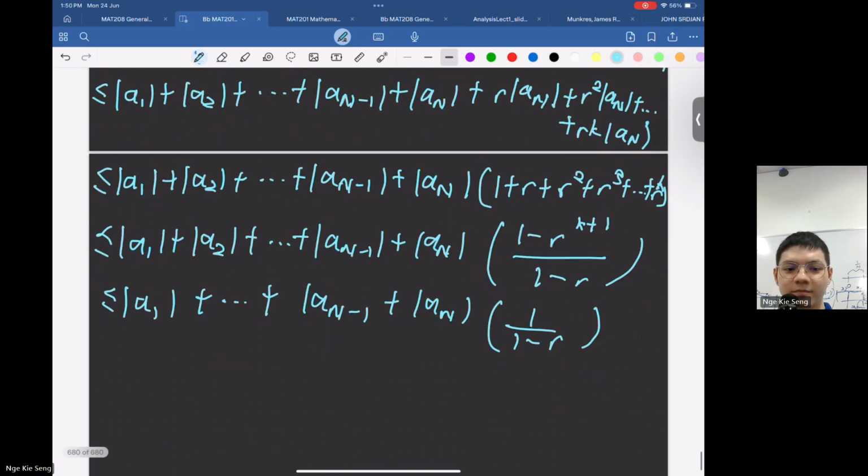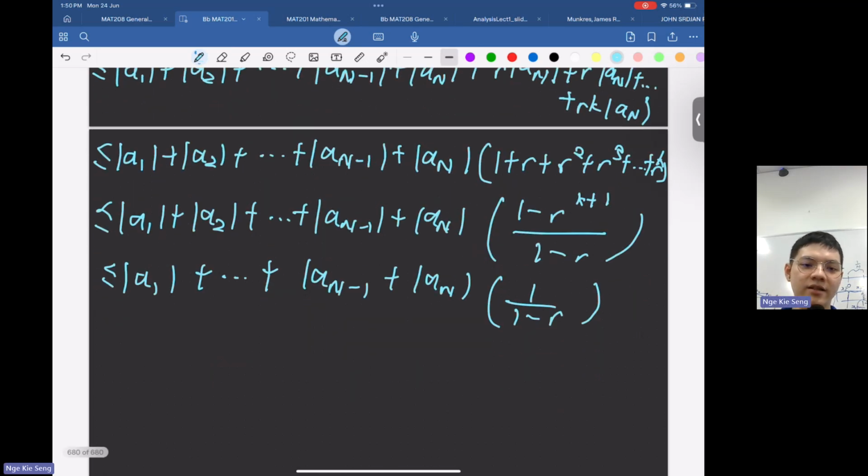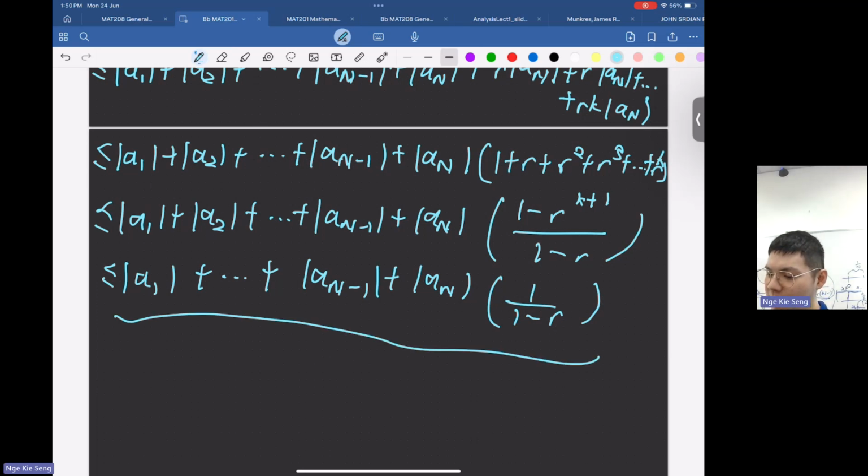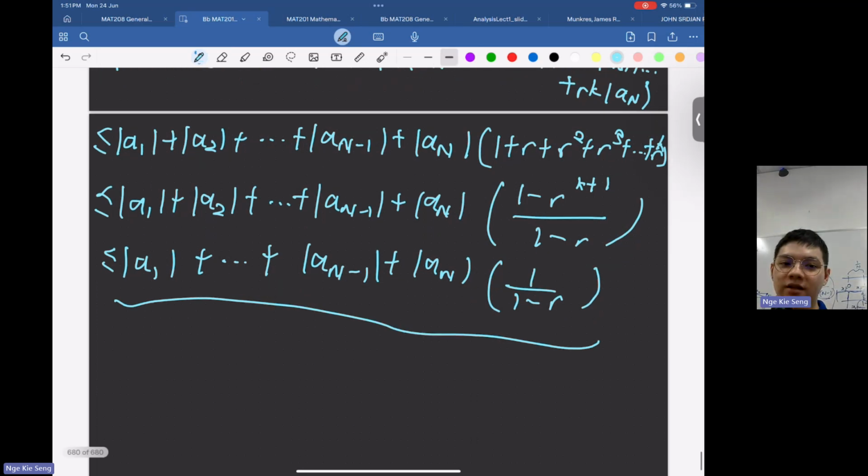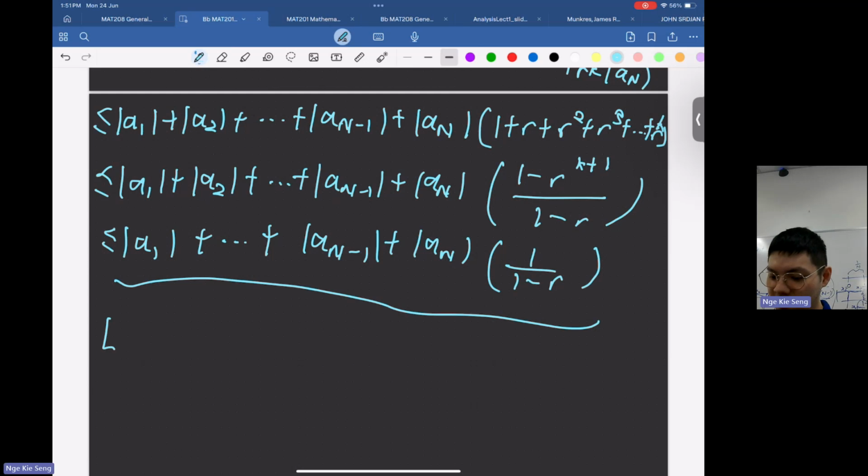So this means what? This guy, what number is this? 1 over 1 minus r is a finite number, and all these a_1 to a_n is a finite number. This is just a finite number.